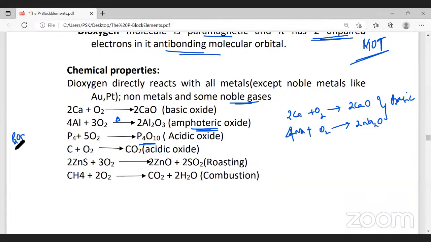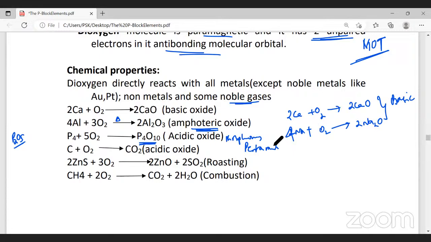P2O5 exists as a dimer, P4O10, and phosphorus pentoxide is an acidic oxide. Now, when you burn carbon with oxygen, you get carbon dioxide, which is acidic in nature.